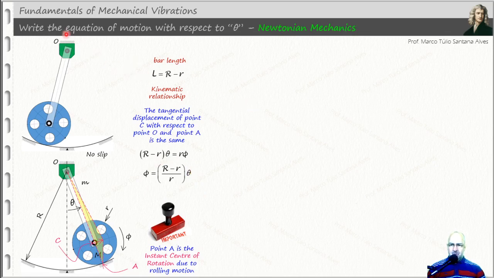We need to write the equation of motion with respect to theta. Let's go on.